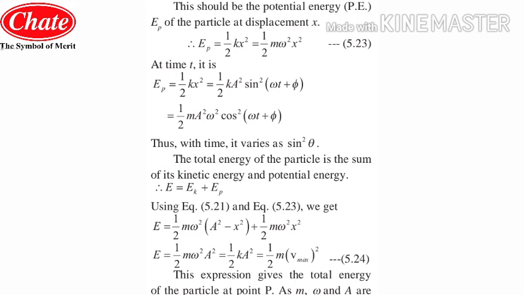Now this equation may also be written as half k a square, as the value of k may be written as m omega square, which is further equal to half m v max square, where v max is the maximum velocity. So this is the expression of the total energy of the particle at the point P in terms of m, omega and a.